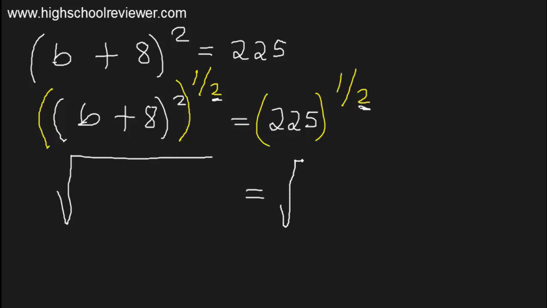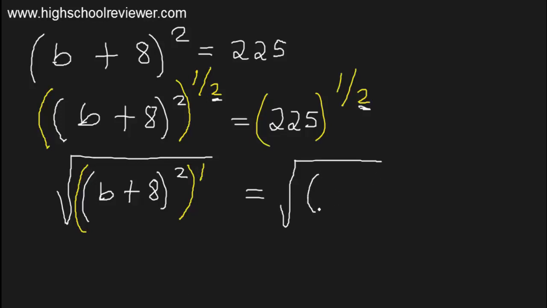The base on the left is the quantity of b plus 8 raised to the power of 2, raised to the numerator, which is 1. We also have the square root of the base 225, also raised to the numerator, which is 1.